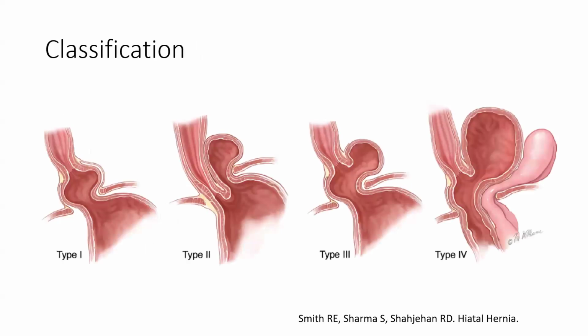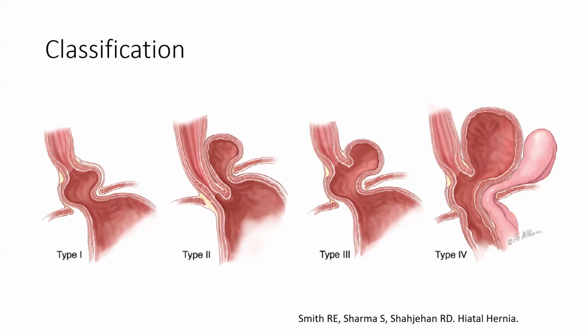Hiatal hernias are classified into four types. Type 1 is the sliding type, representing more than 95% of hiatal hernias. This type occurs when the gastroesophageal junction is displaced towards the hiatus. Type 2 is the paraesophageal hernia, which occurs when part of the stomach migrates into the mediastinum parallel to the esophagus.